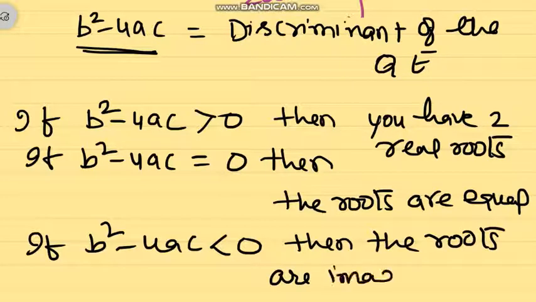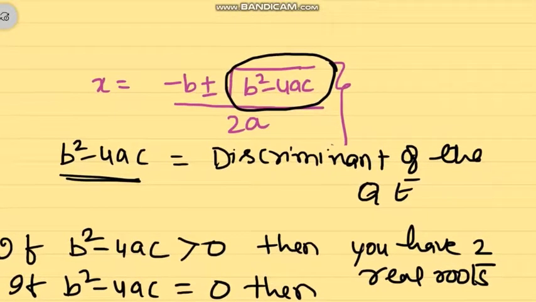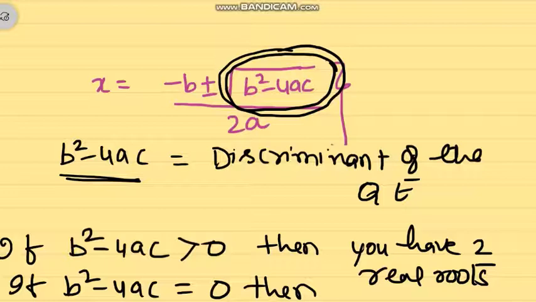Now you have to see how these things happen. See, if b square minus 4ac is greater than 0, that means whatever is coming inside this particular portion will be positive, so you will get two real roots in the form of alpha and beta.